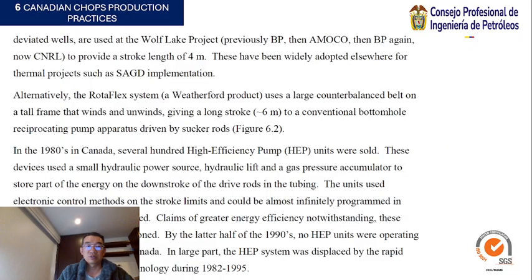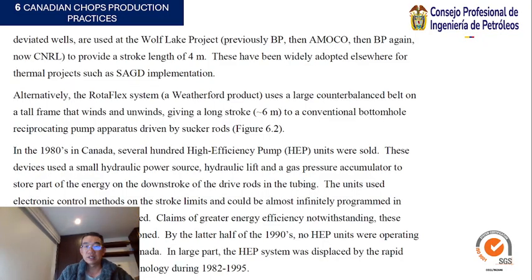The unit used electronic control methods on the stroke limits and could be almost infinitely programmed in terms of stroke length and speed.